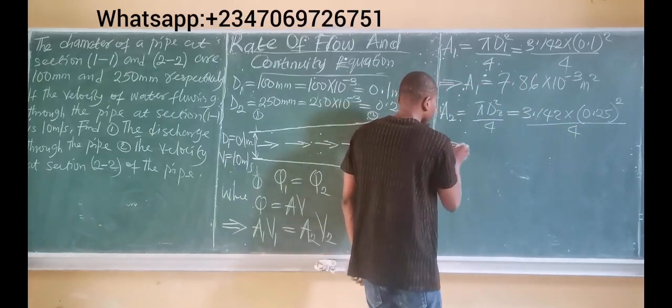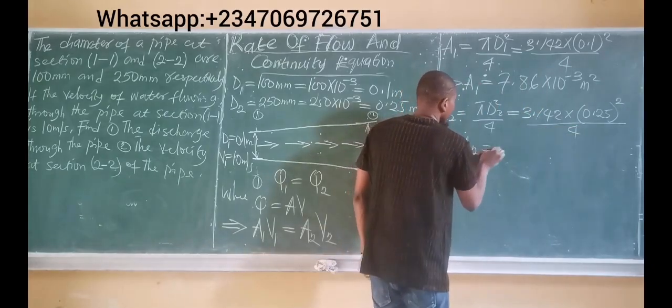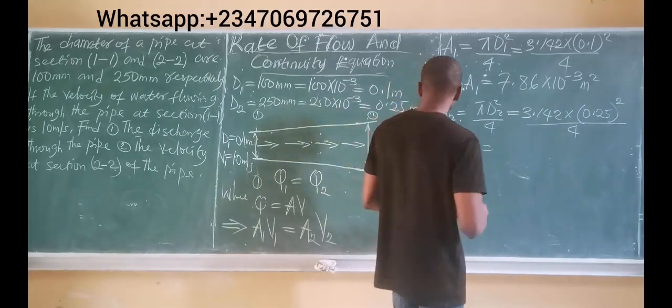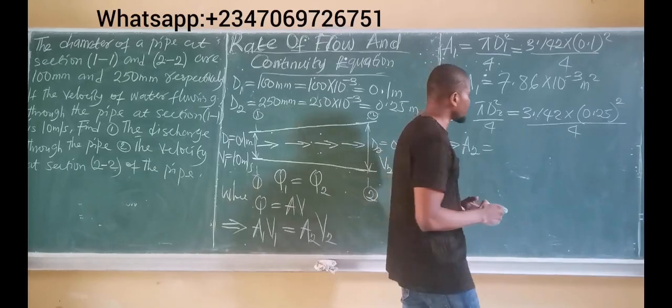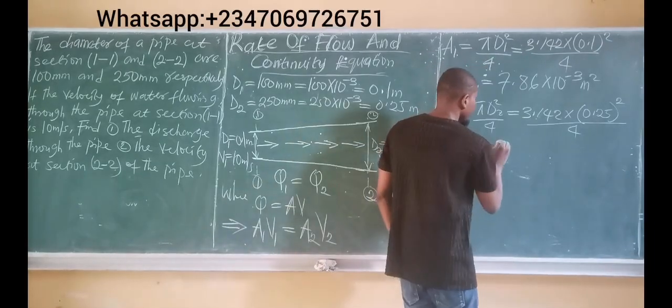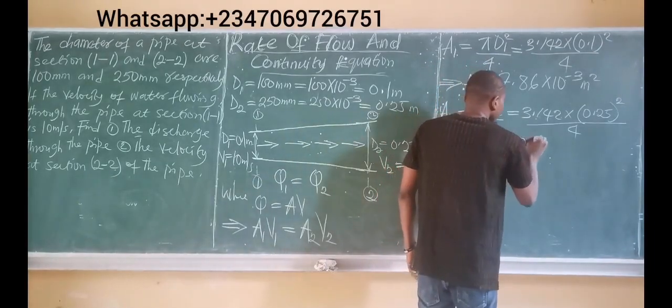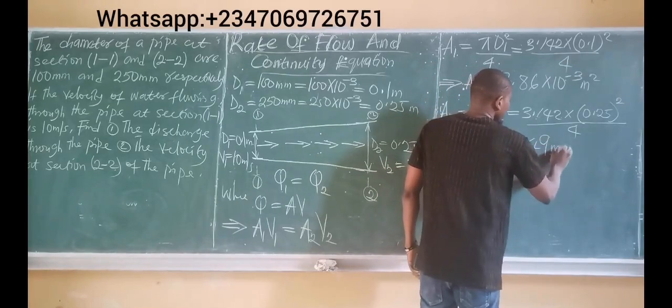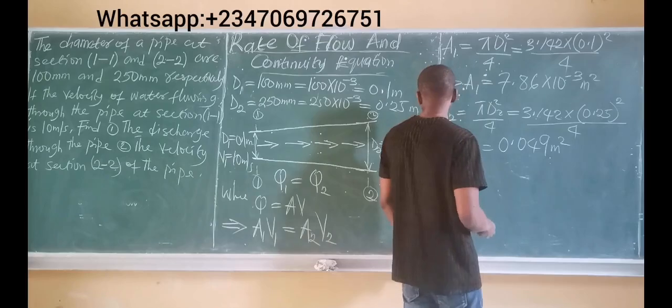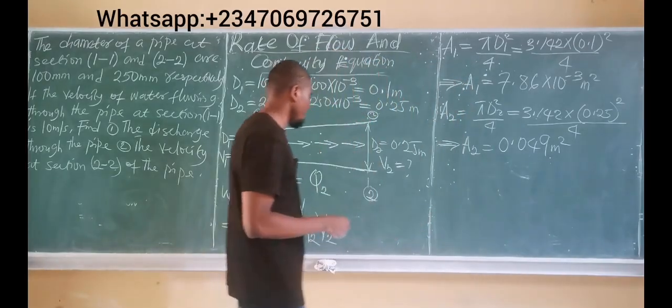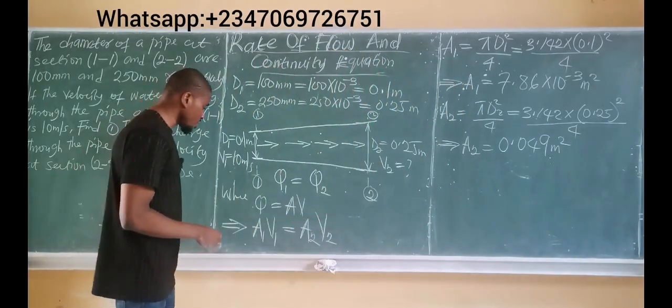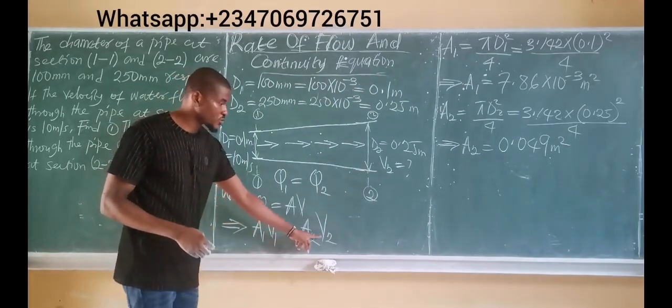So this simply implies that area 2 is equal to, I'm pointing all together, do well to point along with me. Okay. That gives us 0.049 in meter squared.